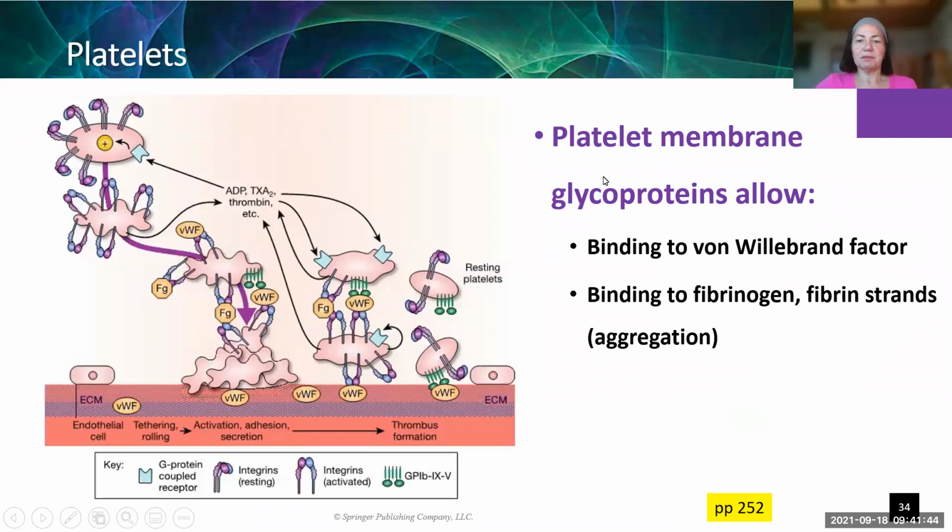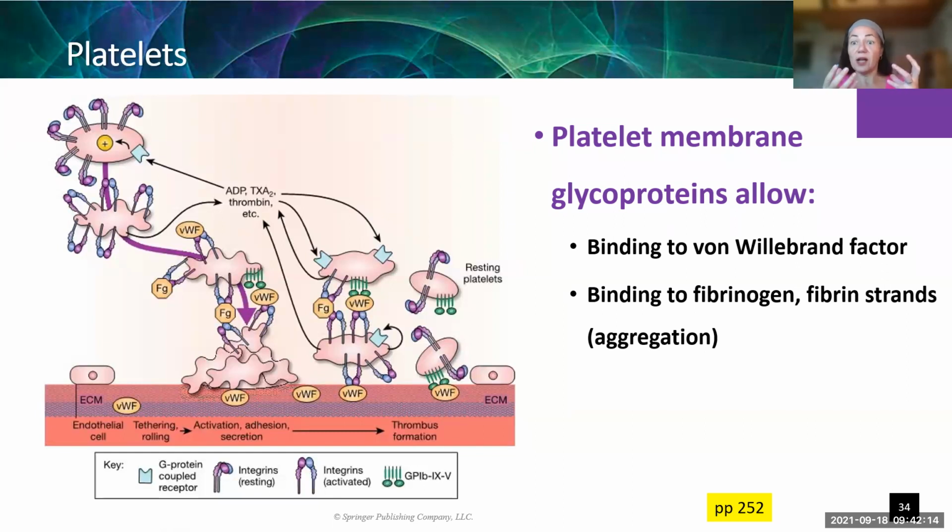So the platelet membrane has glycoproteins, a carbohydrate attached to a protein on the outside of the platelets. How to think about this? The von Willebrand factor is a protein present in tissue. When the tissue gets broken open and the endothelium of the blood vessel is damaged, parts underneath are revealed.